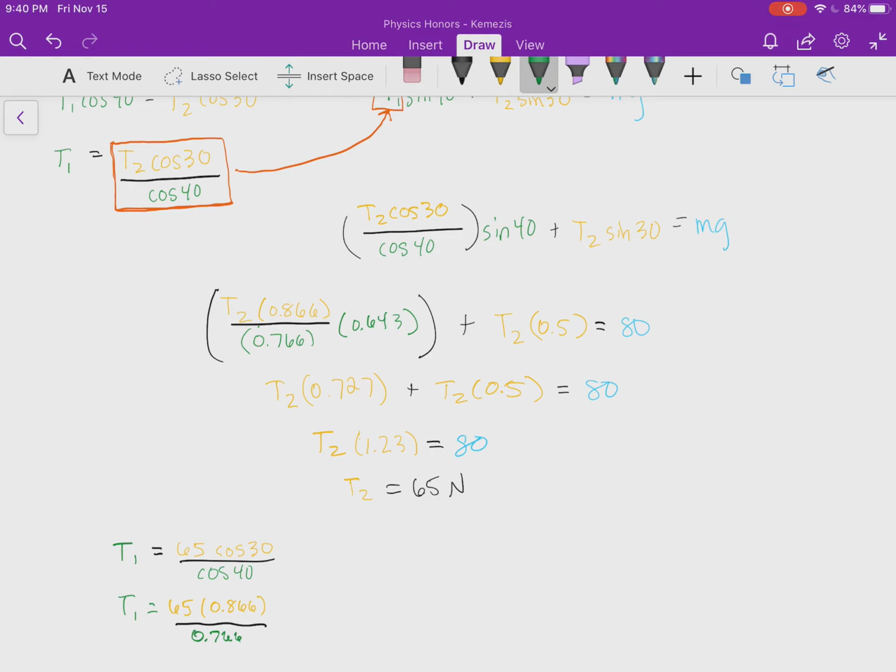So let's do that math. 65 times 0.866 divided by 0.766, and we get a value of T1 equal to 73.5.